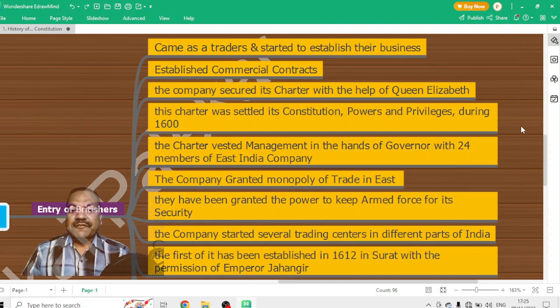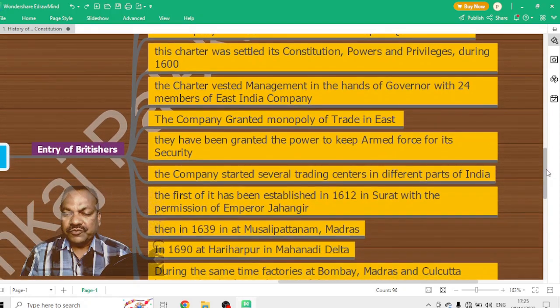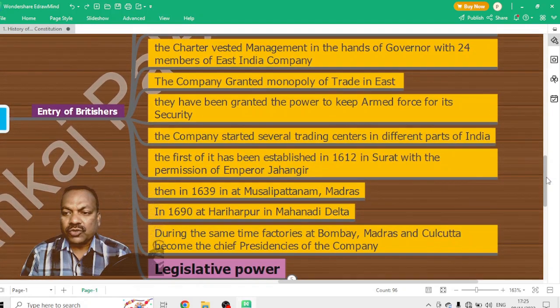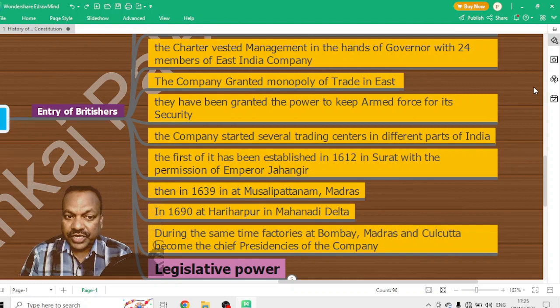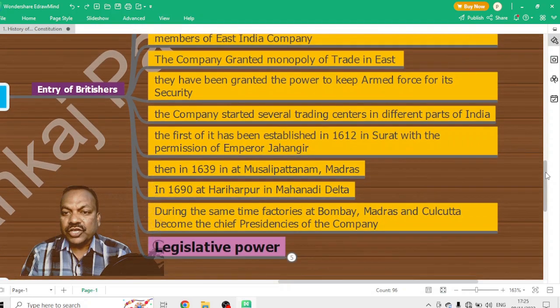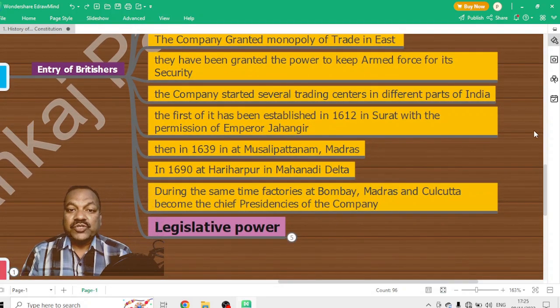They were granted the power to keep armed forces for security or protection. Just as companies keep armed forces for security, here also the company which has been granted monopoly might require security, and that is why it was granted the power to keep armed forces for its security.